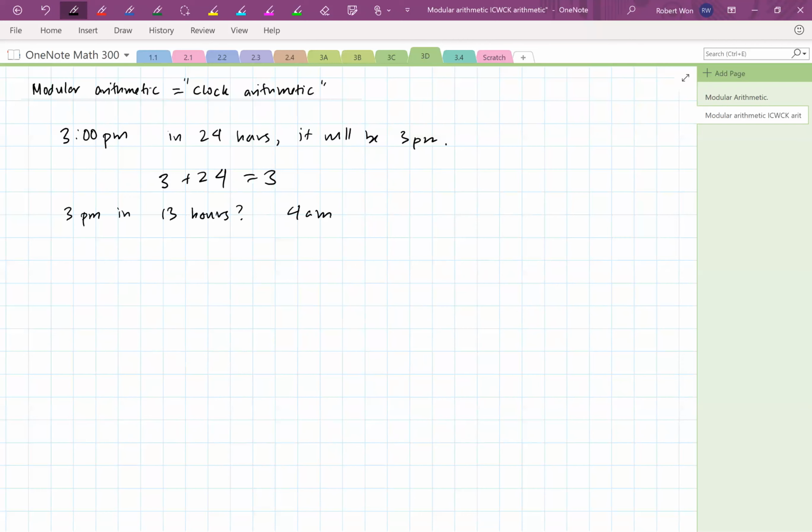So basically, every time you add 12 hours to the clock, it's like you added 0 hours to the time.